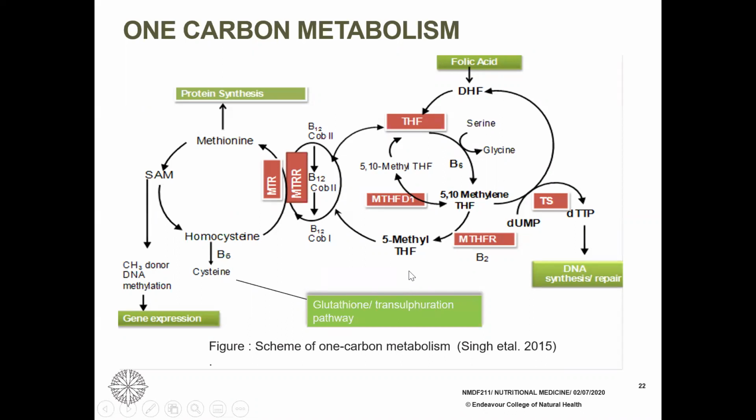Now I want you to look at some of these enzymes. So one I already mentioned, MTHFD1 dehydrogenase, and the other one is MTHFR, which is the most commonly researched and most talked about enzyme. Why it is important?